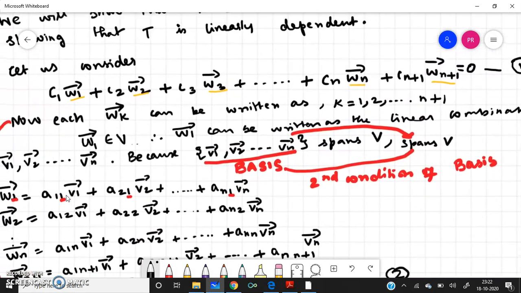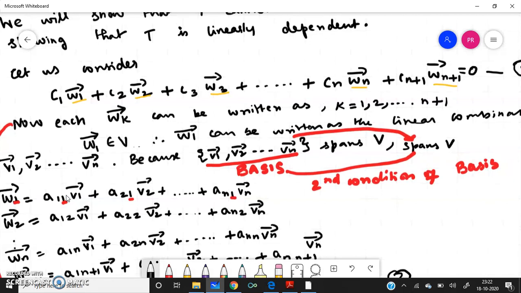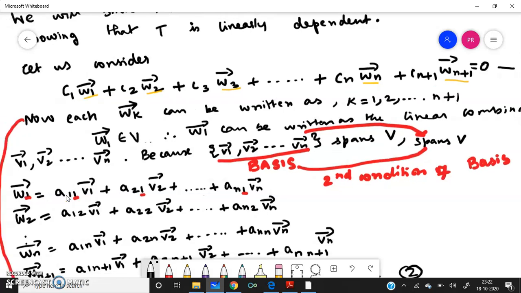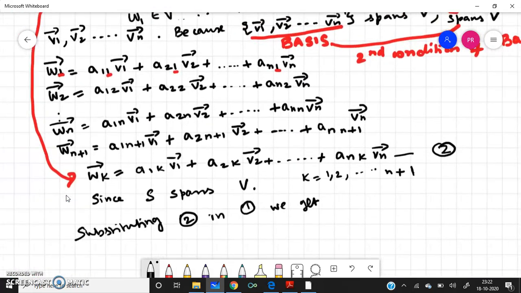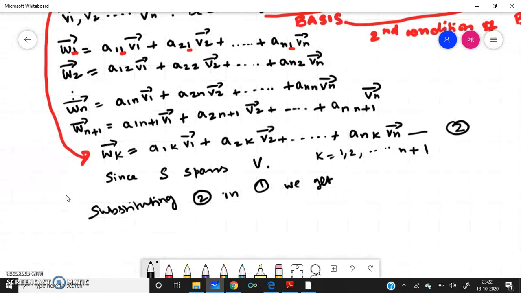Equation 1 is here: C1W1 plus C2W2, C3W3 and so on to CnWn plus Cn plus 1 Wn plus 1. In the place of W1, in the place of W2, in the place of W3, I am going to substitute all this. In the place of W1, I'll substitute this. In the place of W2, I'll substitute this. In the place of Wn plus 1, I'll substitute.